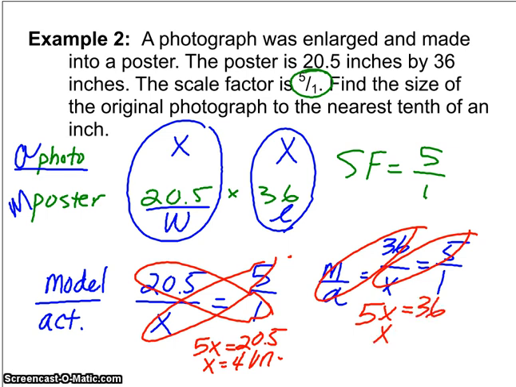Divide both sides by 5, and you end up with 7 2/10. What are our units? Inches. So going back to the question, find the size of the original photograph to the nearest 1/10 of an inch. Therefore, the width would be 4 1/10 inches by the length, which is 7 2/10 inches.